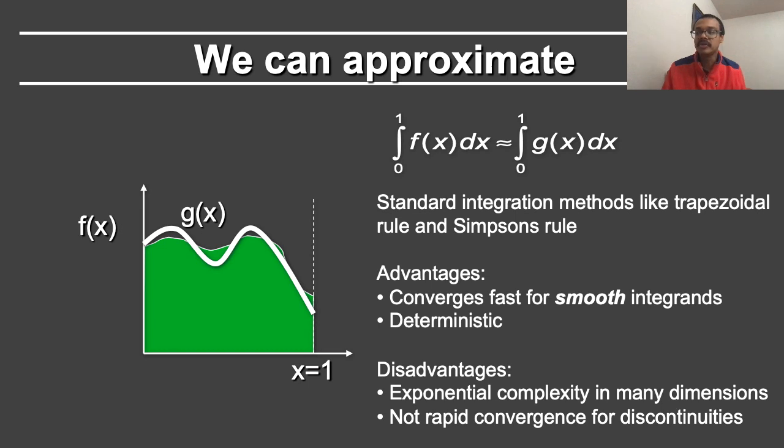One way in which you can do it is approximate the function f of x by some function g of x, which is easier to integrate. In fact, the standard integration methods like the trapezoidal rule and Simpson's rule effectively do this. They form a piecewise approximation to f of x and then integrate the resulting trapezoids, for example.